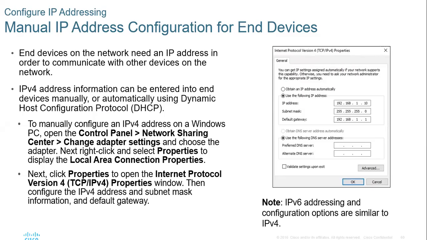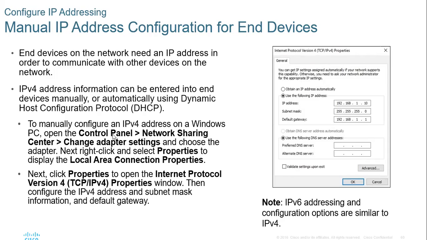End devices on the network need an IP address in order to communicate with the other devices on the network. IP addresses can be entered into an end device manually, or we can give them automatically by using DHCP, Dynamic Host Configuration Protocol.